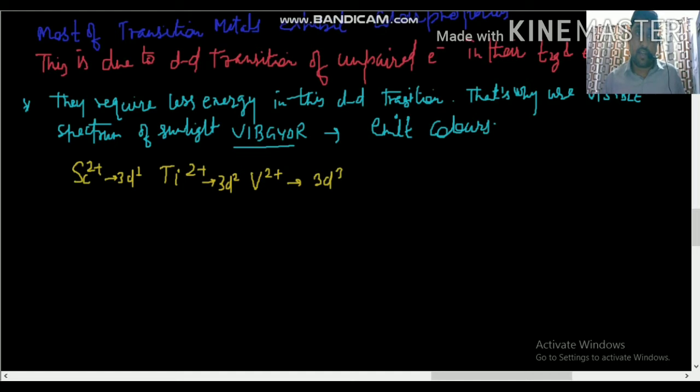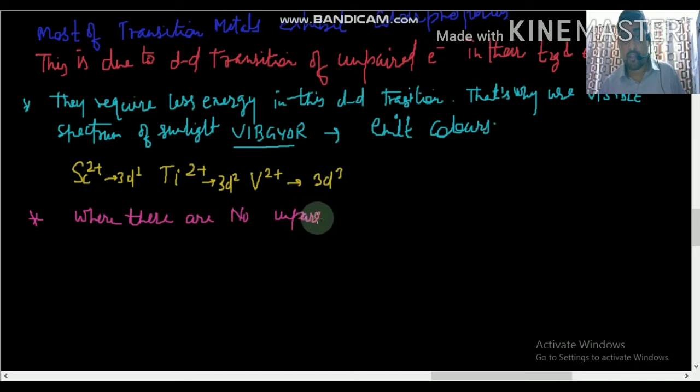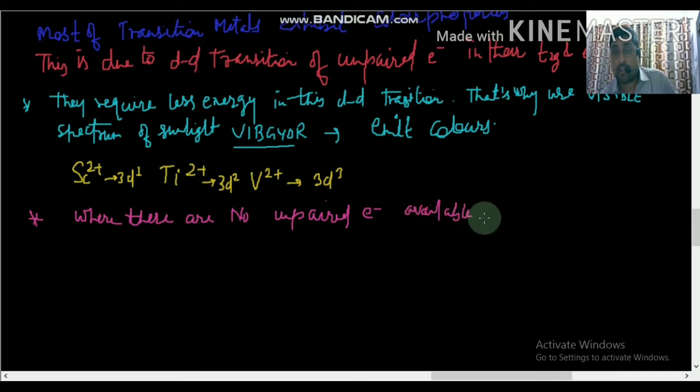And similarly, some other examples, where there are no unpaired electrons available, no color is there.